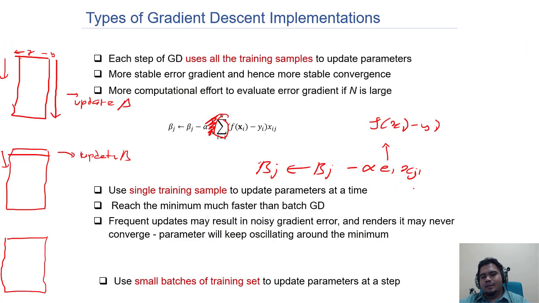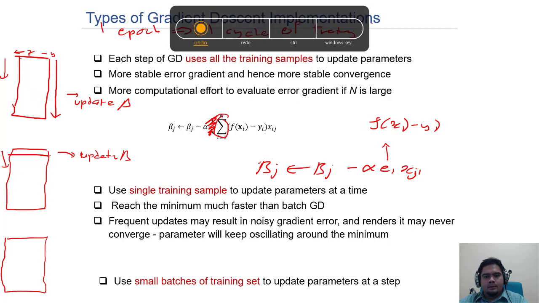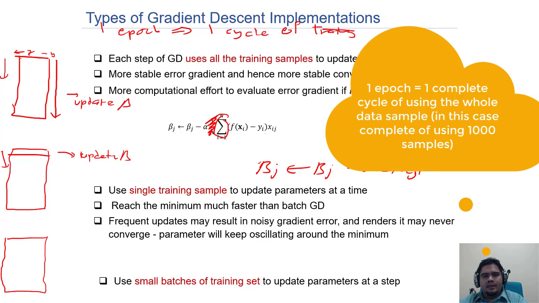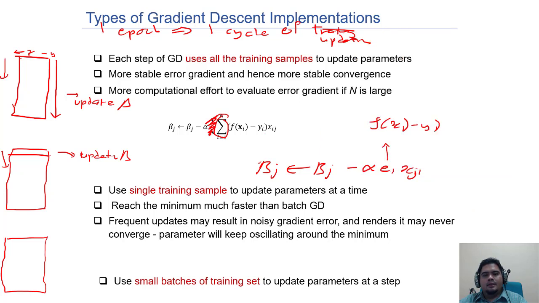Then what is an epoch? One epoch is when your algorithm has completed one cycle of training or updating process, or in other words, one cycle happens when you complete the whole data.